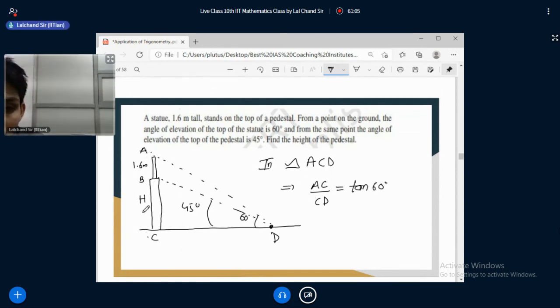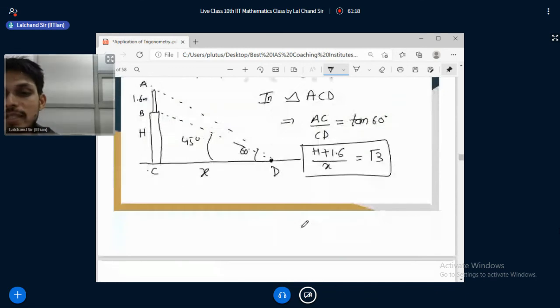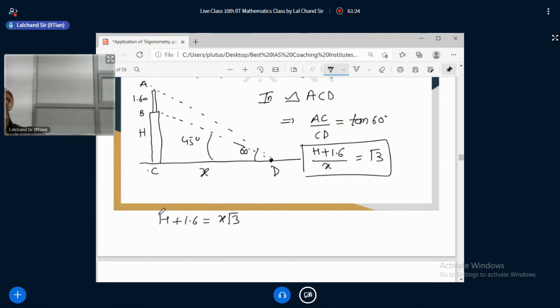What is the value of AC? h plus 1.6. And what is the value of CD? Let's suppose x. And this is root 3. If we cross multiply, finally we have h plus 1.6 equal to x root 3. This is the first equation.